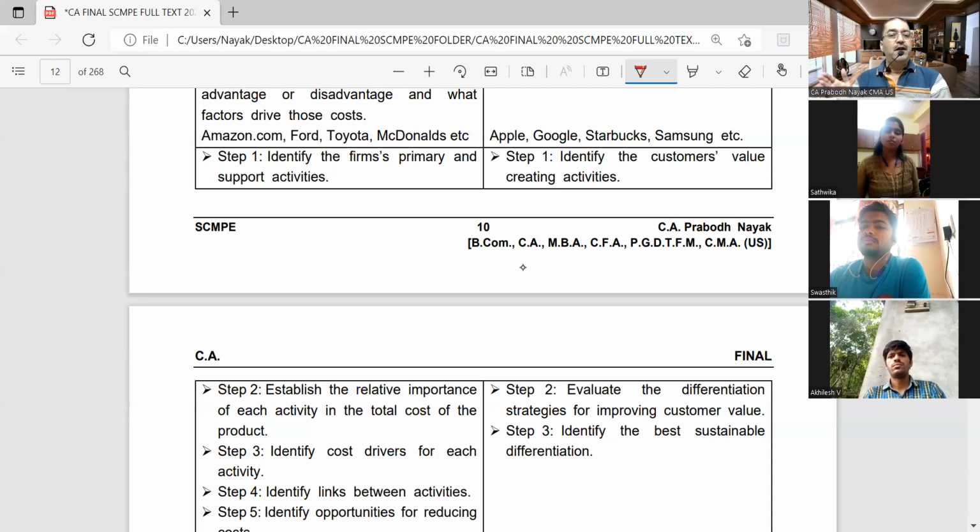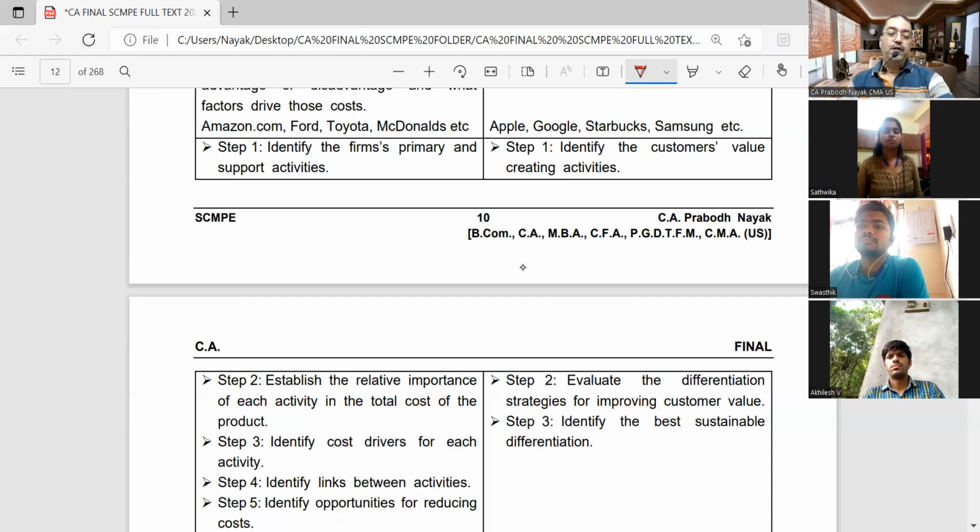So quality testing need not be done after the output is ready, because at the input stage only enough checking has been done, enough care has been taken. So increasing one activity has led to decrease of another activity. So impact of one activity on another activity or other activities, relationship.